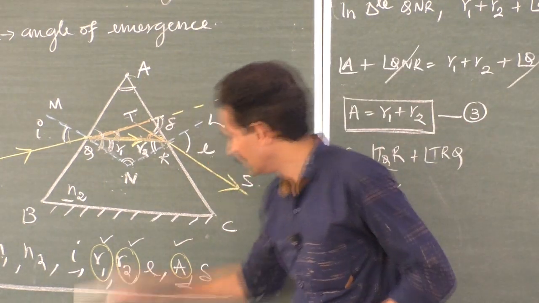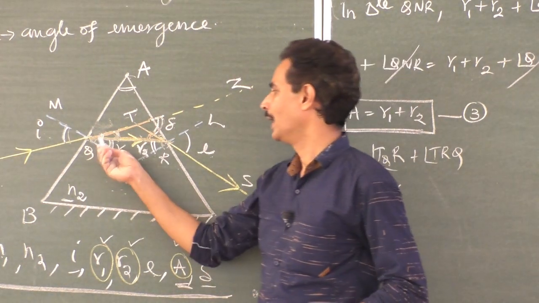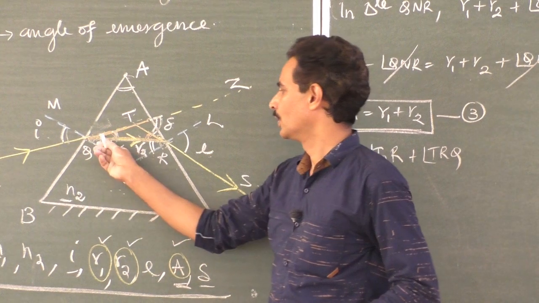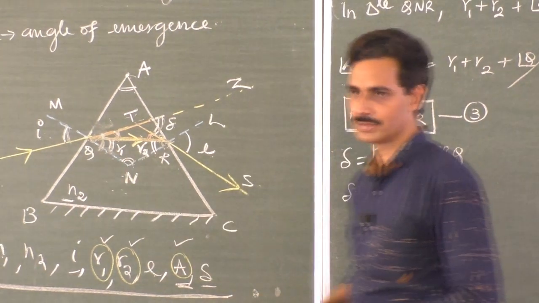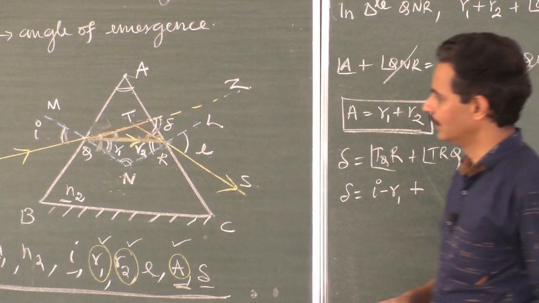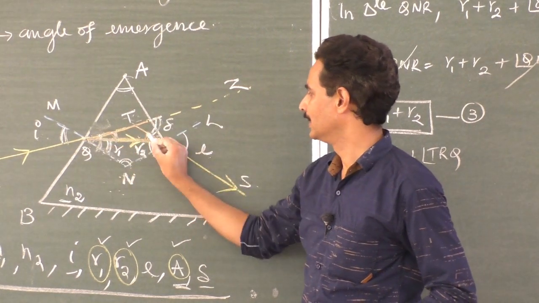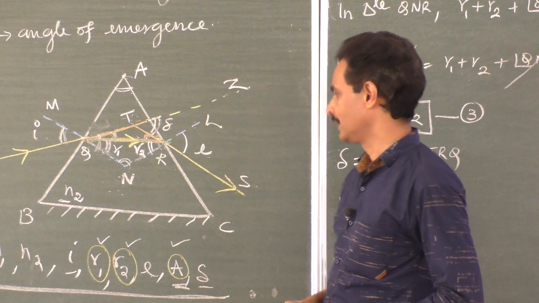It is very simple. So TQR is equal to total I minus R1. Why is this I? It's vertically opposite. Plus, what is TRQ? Similarly, in TRQ, this is one of the interior angles.